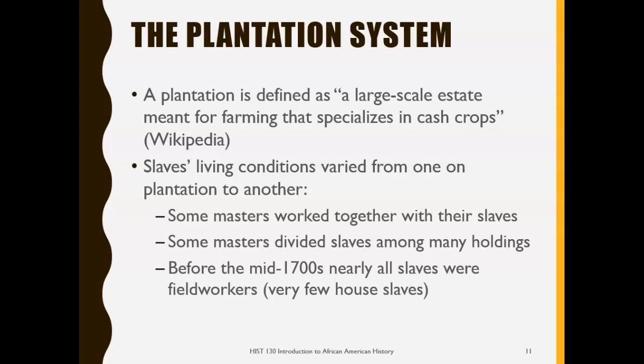So what do the slaves do on the plantation? By the mid-1700s, nearly all of them were field workers or field hands. That's another term used for the slaves who are working on the plantation. So there were very few house slaves at that time.